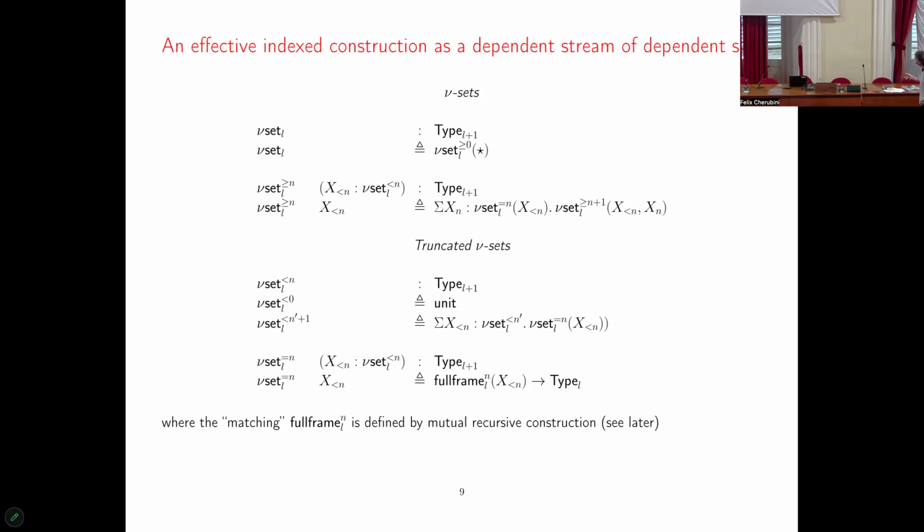So we make a stream, and this stream is dependent. Each new element of the stream, each xi, is dependent on the previous ones. So we need a data structure to represent the x0 to xi minus 1. This definition is a truncated nerve set. By nerve set, we mean either semi-simplicial or cubical.